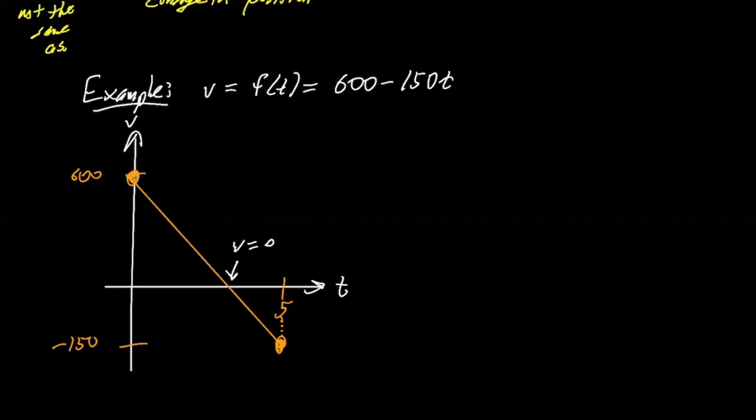All right, so now what is the distance? Well, if we want the total distance walked, that would be the sum of these two areas, the area of this triangle and the area of this triangle. So that would be your total distance traveled.